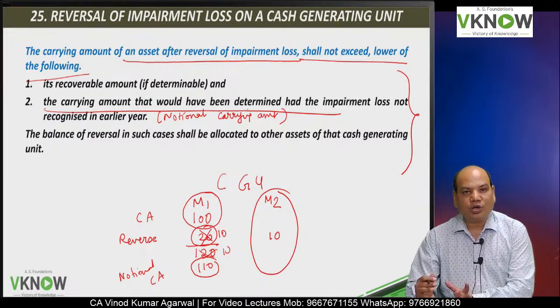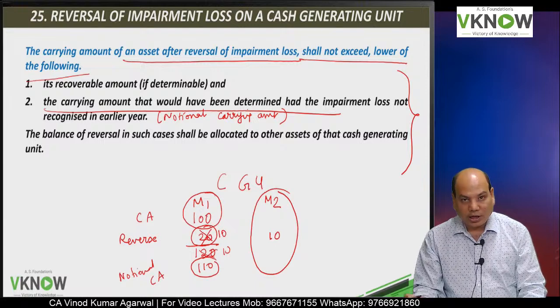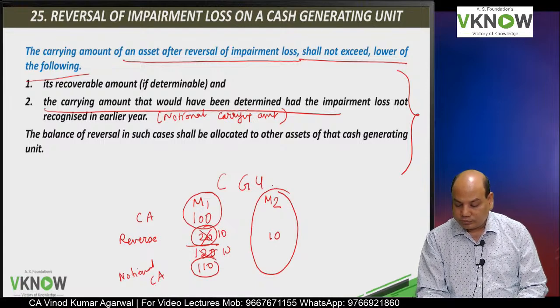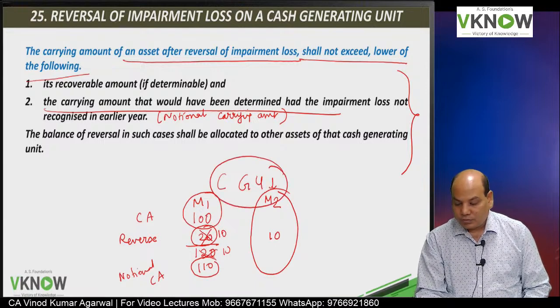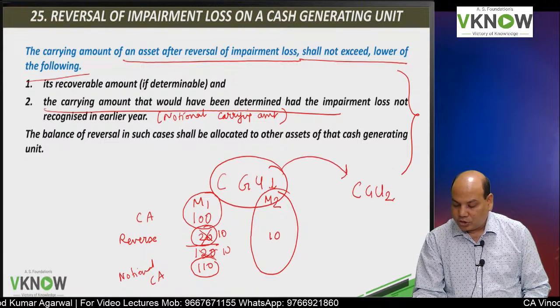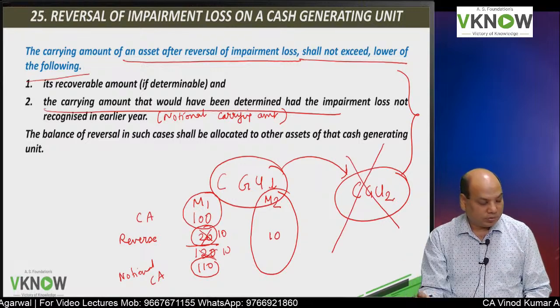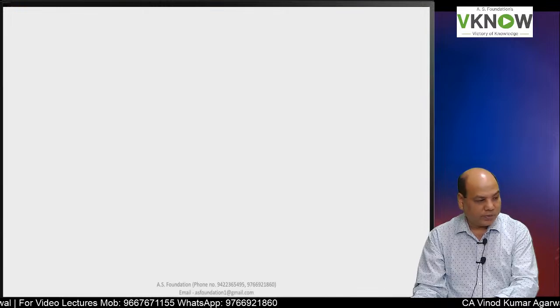And whatever cannot be reversed will lapse. You cannot shift the unutilized amount from CGU1 to CGU2. This is not allowed. Okay.